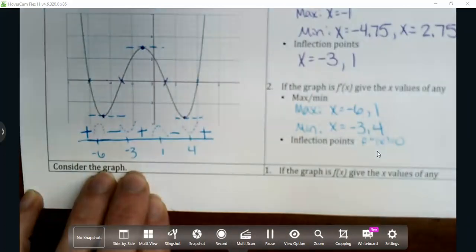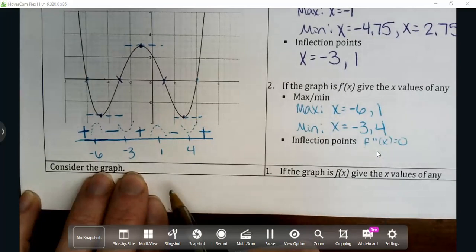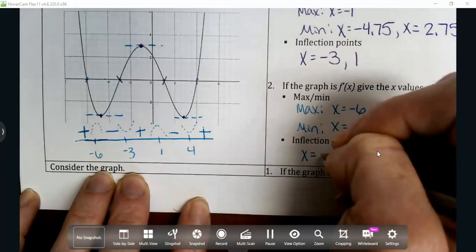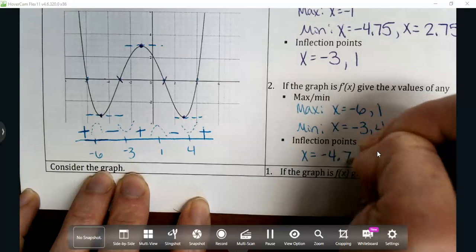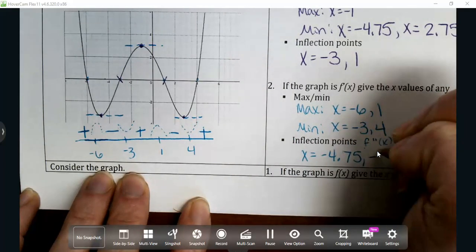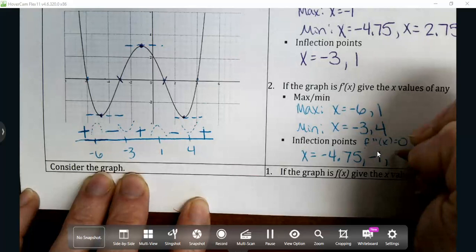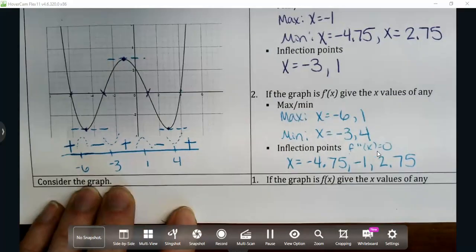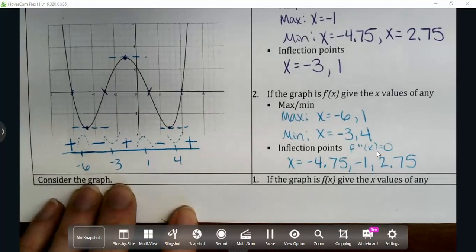And those are the inflection points. So that happens at -4.75, -1, and positive 2.75. Does that make sense?